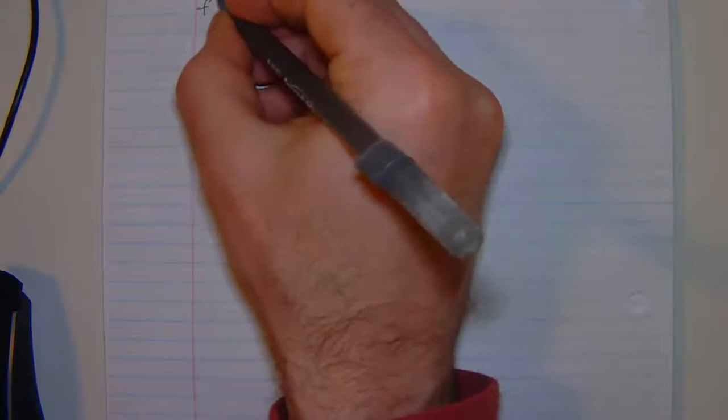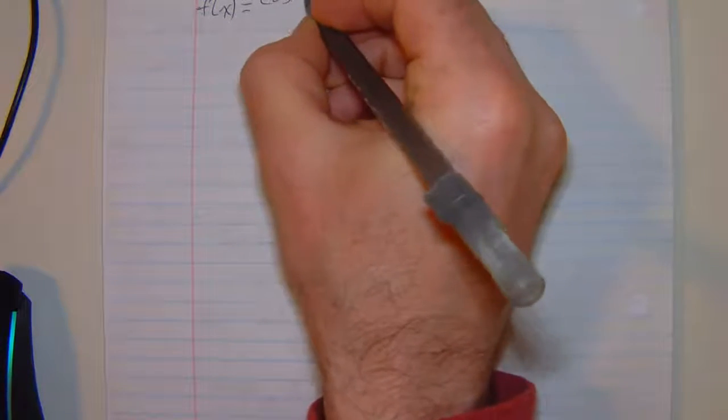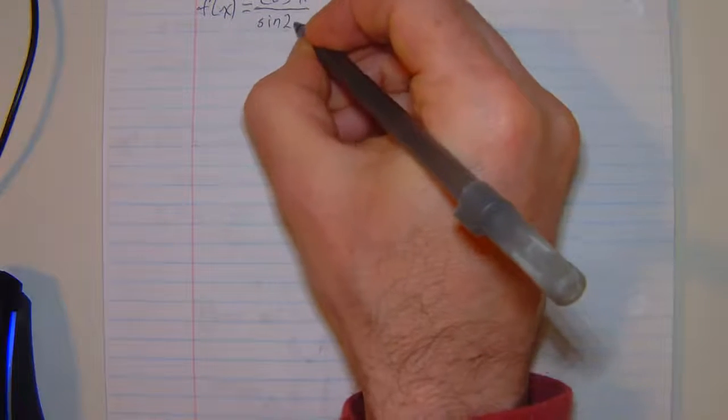So, okay. If we look at question 3, I'll get you to try this one out on your own. Can you find the zeros of cos x divided by sine 2x?